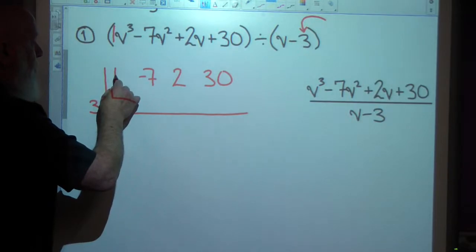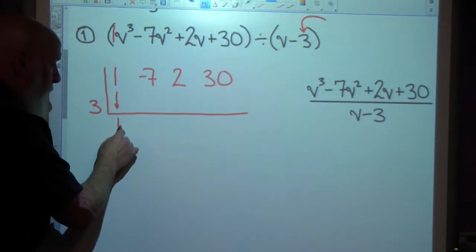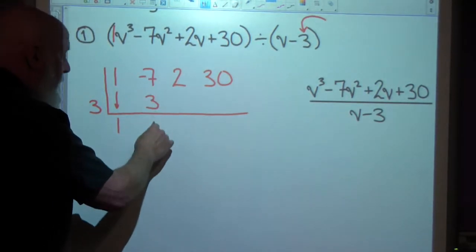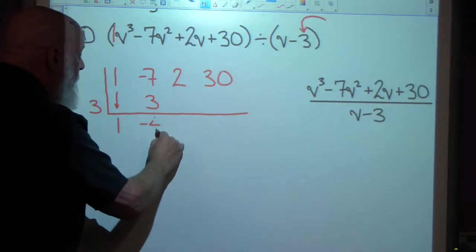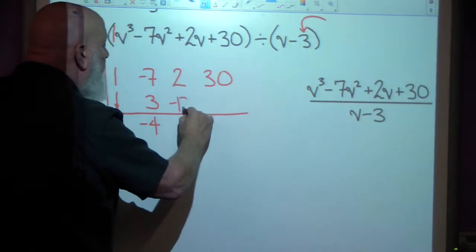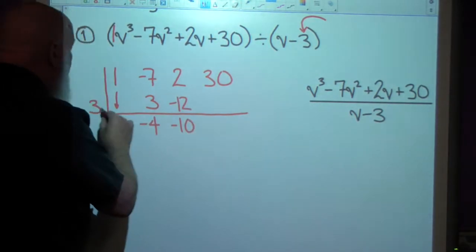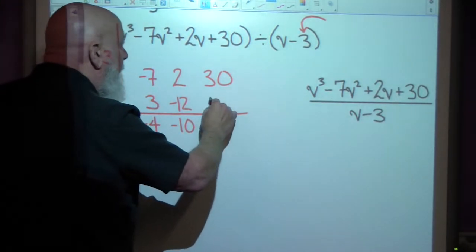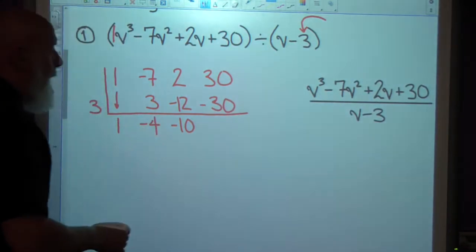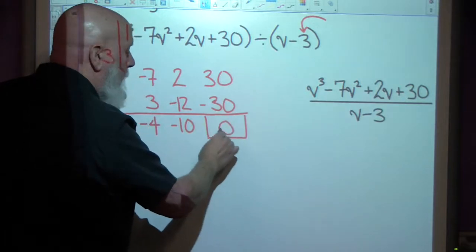I'm going to bring this straight down, always bring the first one down, multiply these two together and put it here, then add these together, then multiply these two together and put it here, then add these together, and multiply these two together and put it here. Okay, and this last one will be our remainder if there is one.